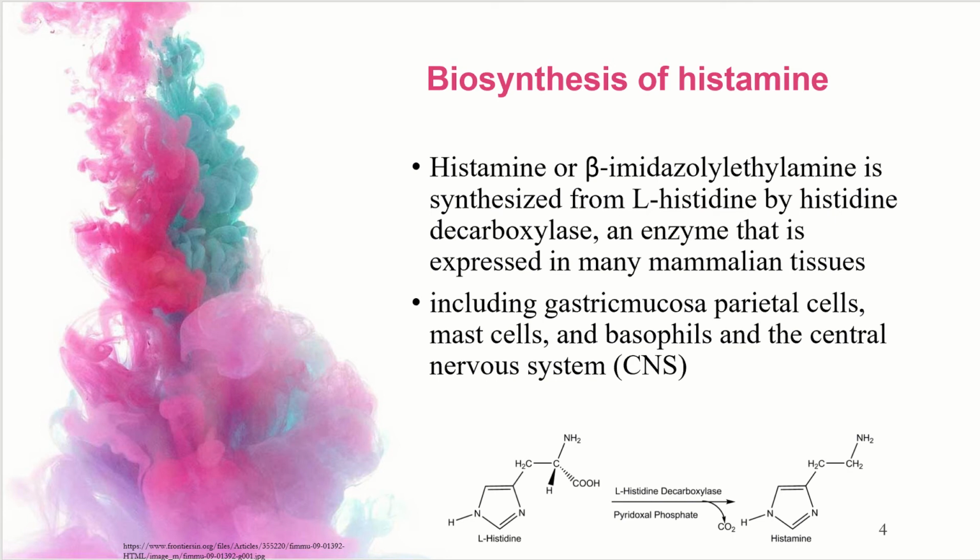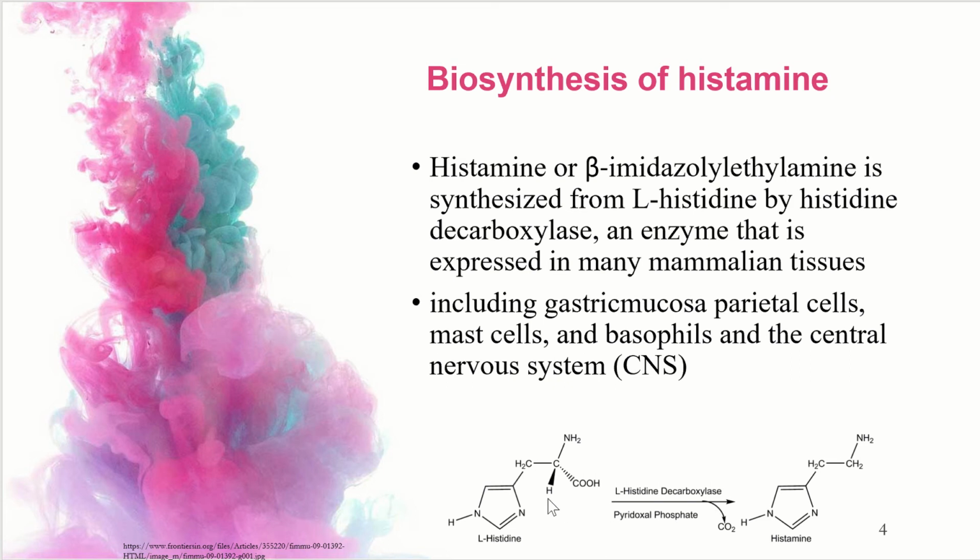In terms of the biosynthesis of histamine, which can be called beta imidazolyl ethylamine, it is synthesized from L-histidine by histidine decarboxylase, as we see here in the equation. It's an enzyme that is expressed in many mammalian tissues and others, mast cells, basophils, CNS, etc. Right?